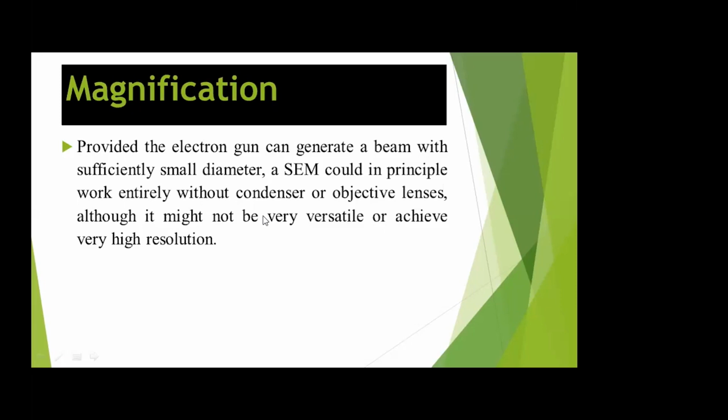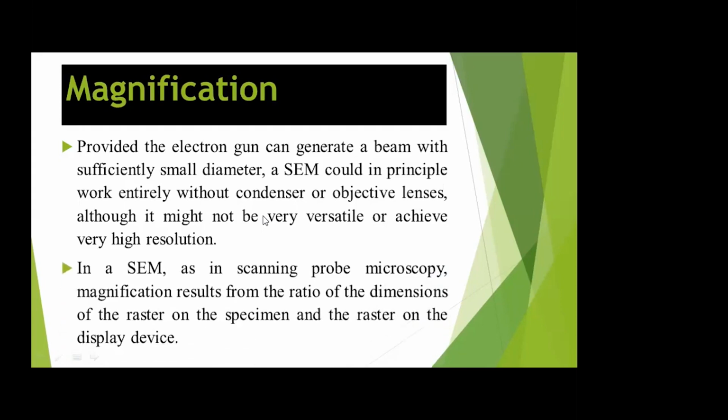When you have a very narrow beam of electrons acting upon a very small diameter, definitely the scanning electron microscope will give you good magnification. But when you have condenser or objective lenses, this diameter of interaction will be still narrower, so the magnification will be even better. Very high resolution can result.